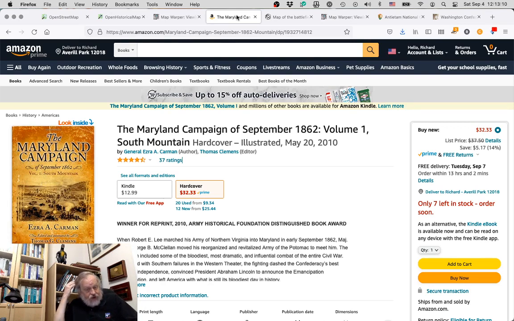Around 1900, plus or minus, he had three tasks assigned to him. One task was to produce historical markers on the battlefield, and the extremely large cast iron historical markers Carman supervised are still present in the National Battlefield Park to this day.